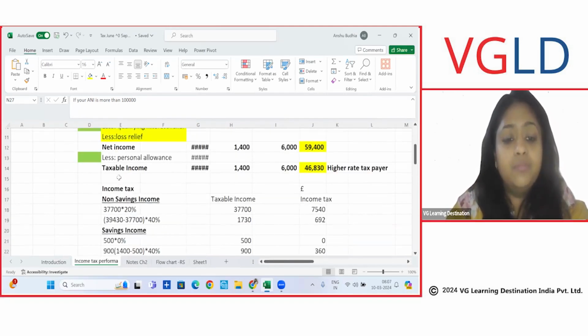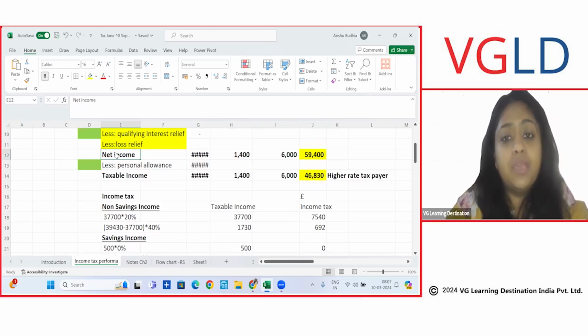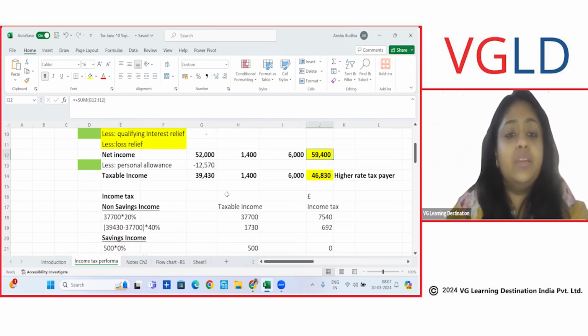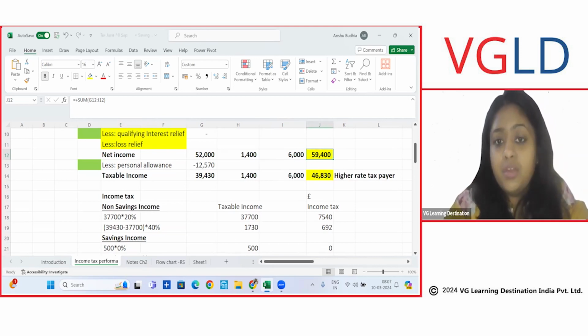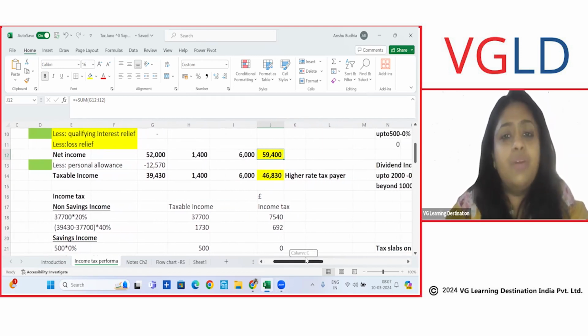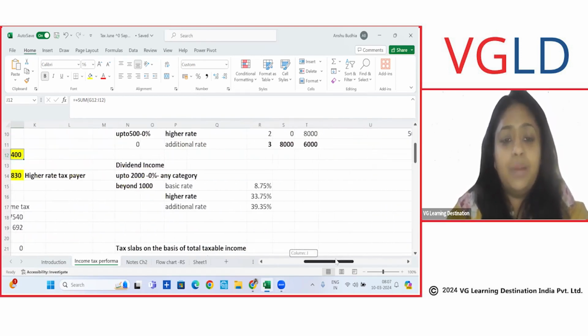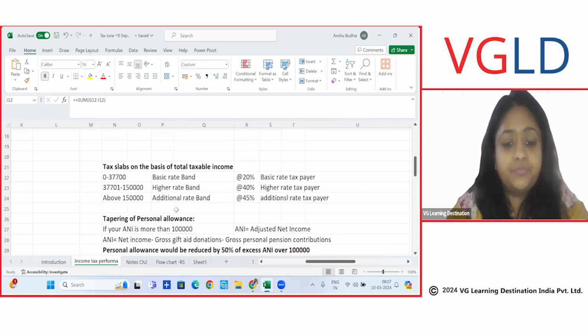You know your net income, just before PA. You get the total of net income. Okay, the total of net income is 59,400, for example. So we take the total of net income. Generally when it is beyond 1 lakh, then we do this calculation.